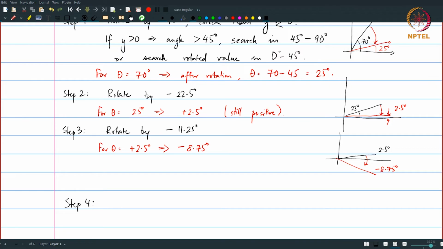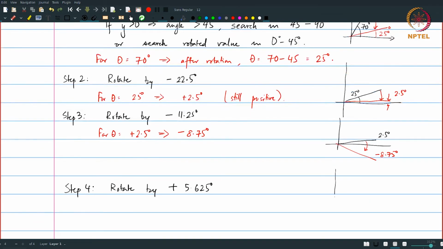Now I will once again rotate in the opposite direction, which means that I will now rotate by a positive angle, which is half of 11.25, which is basically 5.625 degrees. What does that look like? My starting point over here is minus 8.75, and I will now rotate it to get this point, which is going to be minus 3.125 degrees.